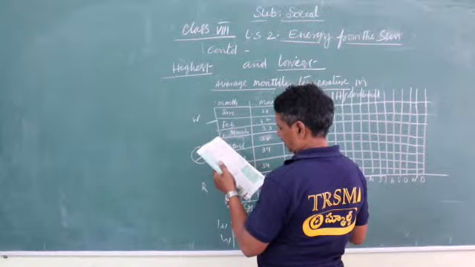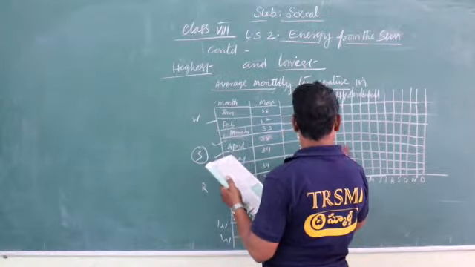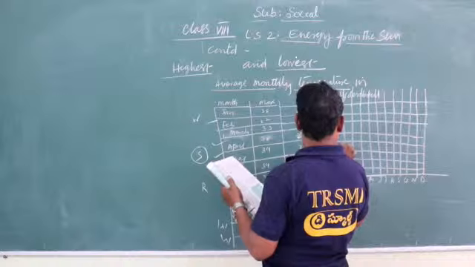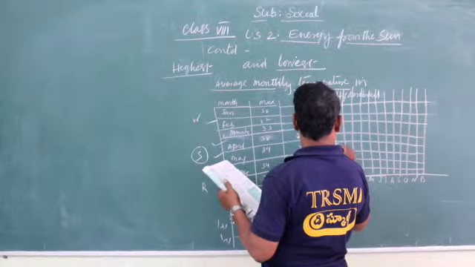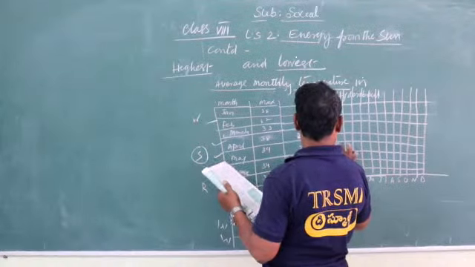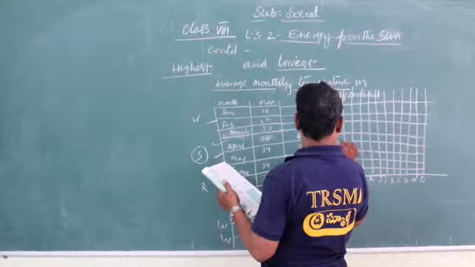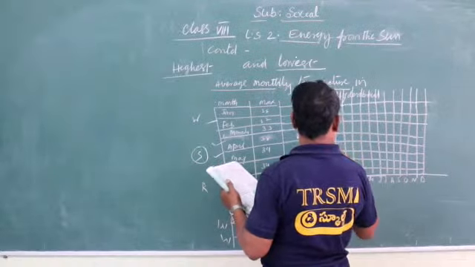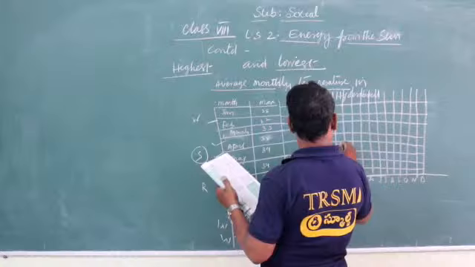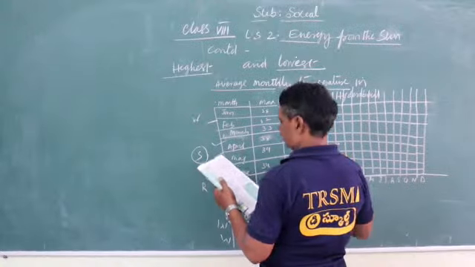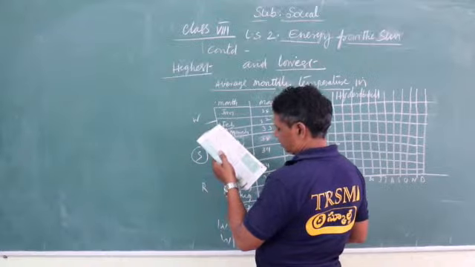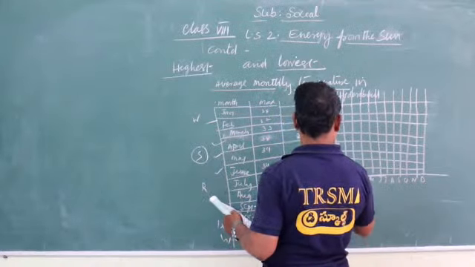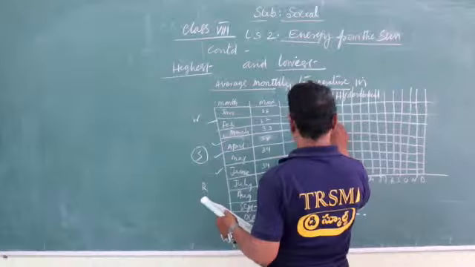Then from 16 to 18, 19, 20. Next, this is a point. And maximum 28 for January. This is a point.